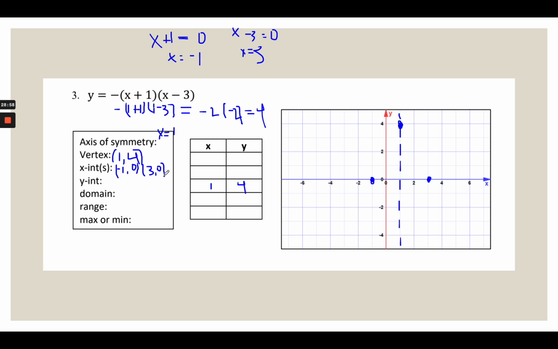So remember, to find your y-intercept, you're just going to plug in 0 for x, okay? So y is equal to negative, plug in 0 for x any time there's an x, so we have (0 plus 1) times (0 minus 3).